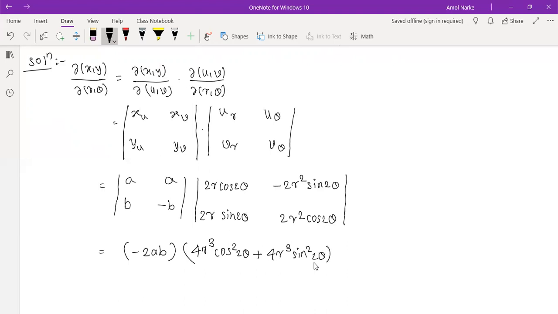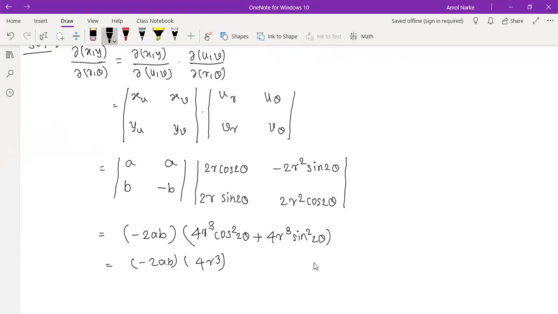So can I directly write minus 2ab into 4r cube? The final answer is minus 8ab r cube, the Jacobian of x, y with respect to r and theta.